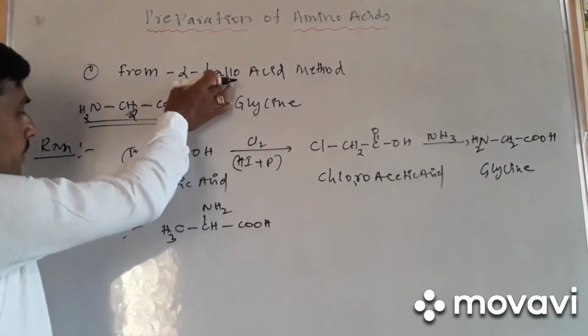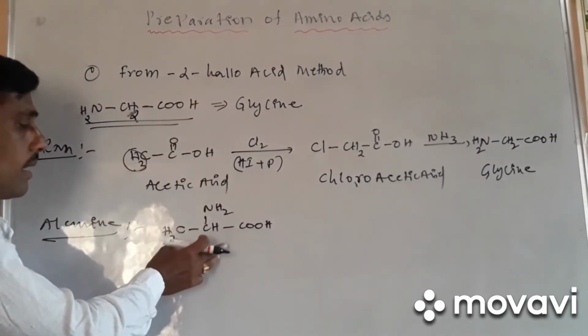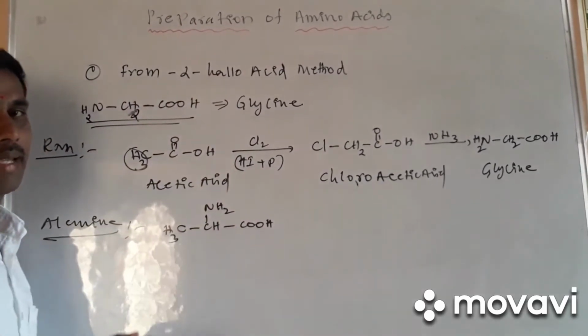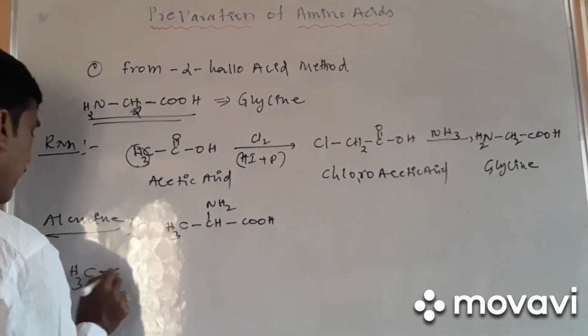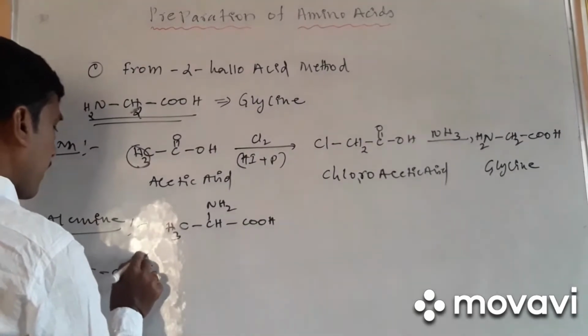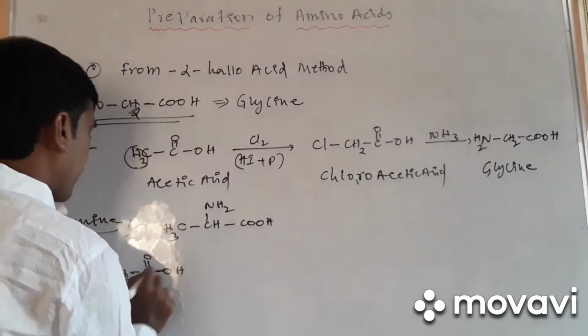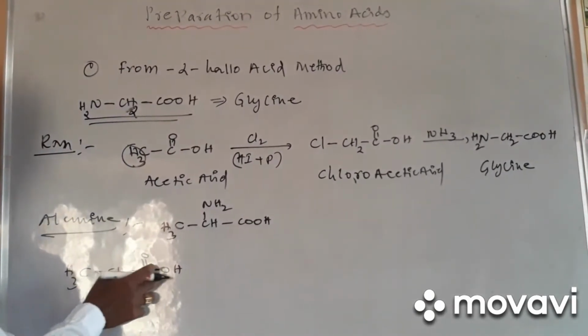By using this method, we prepare alanine. In this alanine preparation, first we use the reactant propanoic acid, CH3CH2COOH.